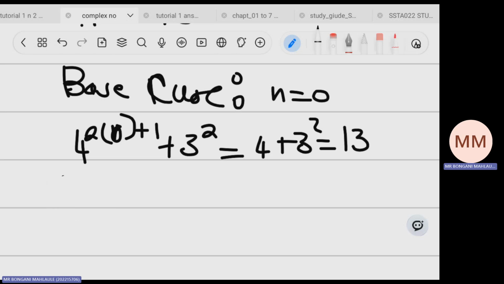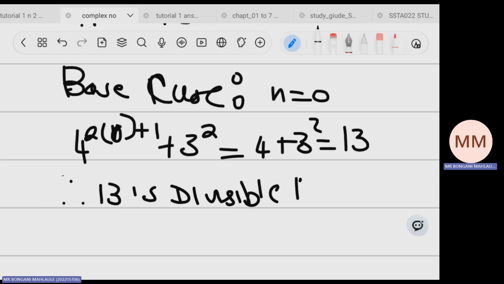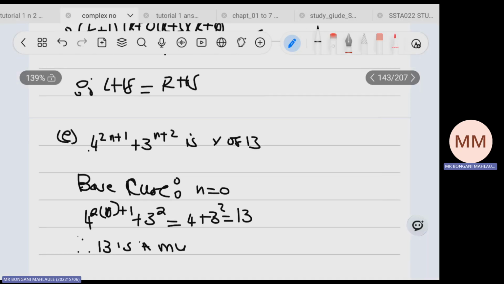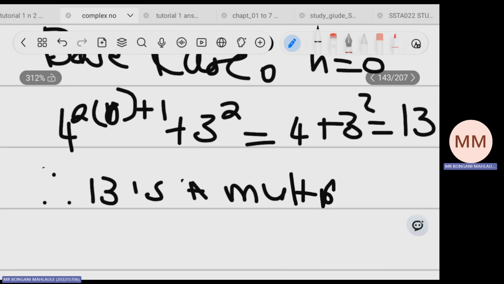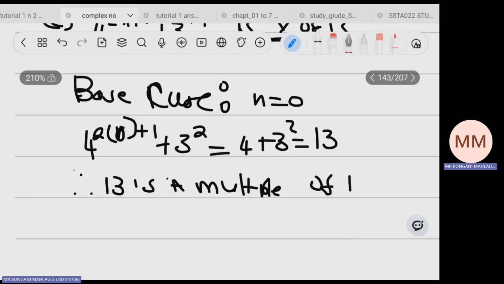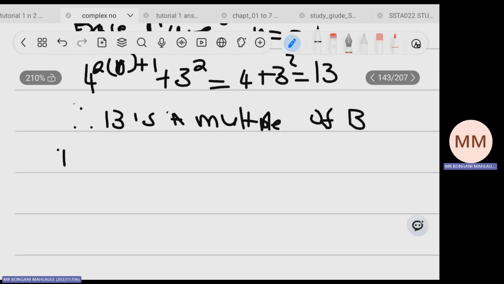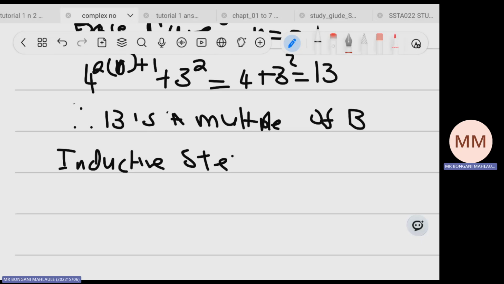So we can say it is a multiple of 13. No matter, they talked about multiple. Then now we'll come to the inductive step.